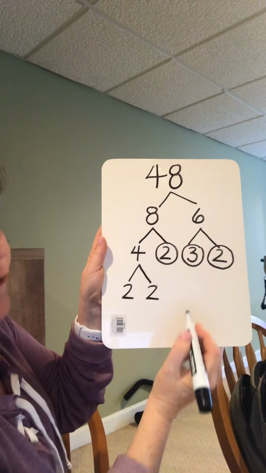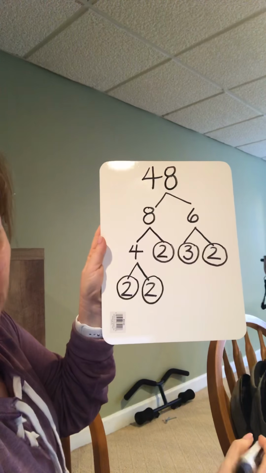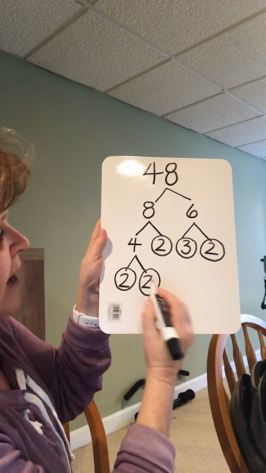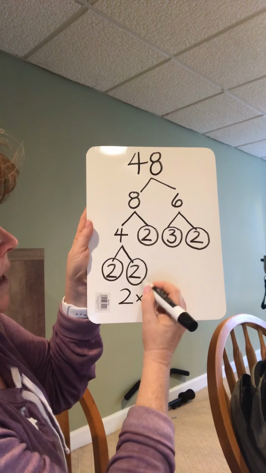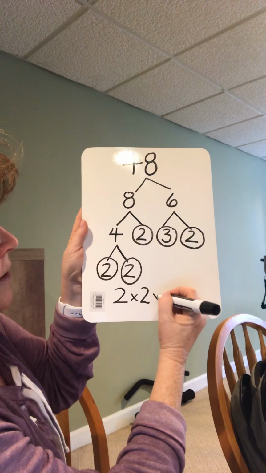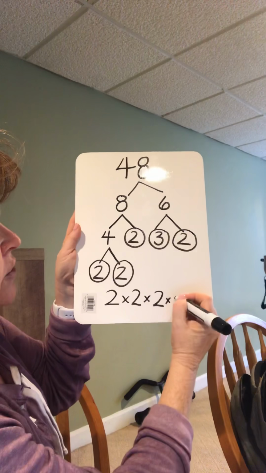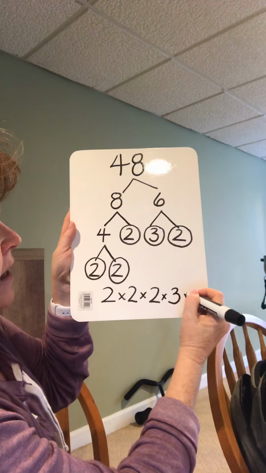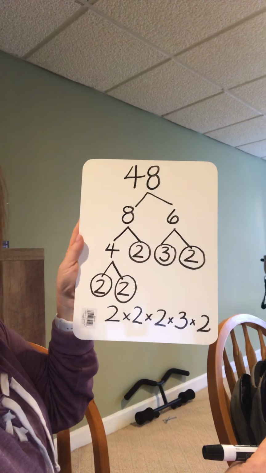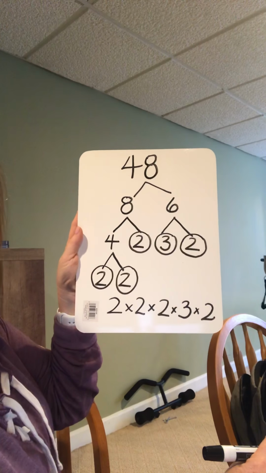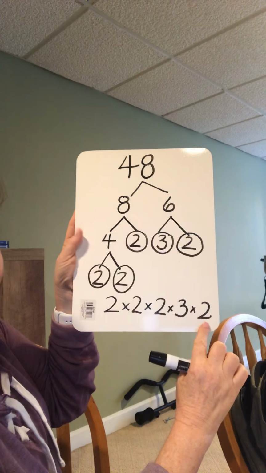And we already know from the work we've done that both of those 2's are prime. So if we take all the numbers we circled, 2 times 2 times 2 times 3 times 2, that equals 48. We have factored 48 and broken it down into only prime numbers.